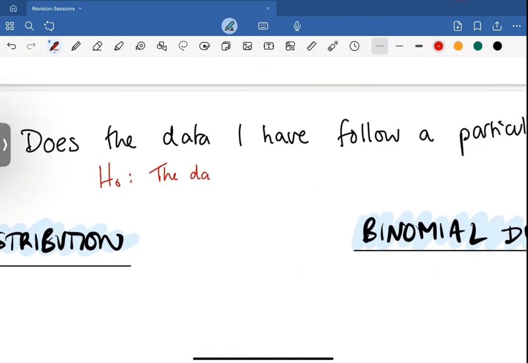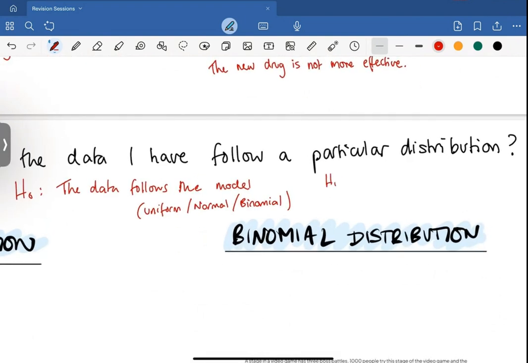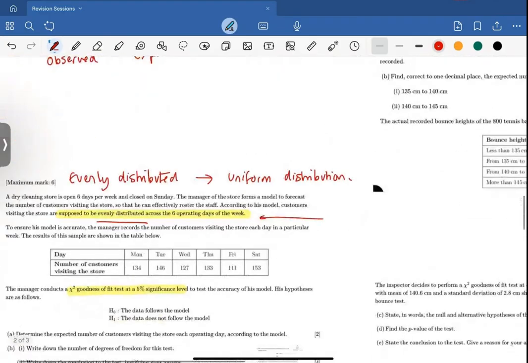That could be uniform, normal, or binomial. And then the alternative, H1, is that the data does not follow the model. So we've already got that for our uniform distribution.